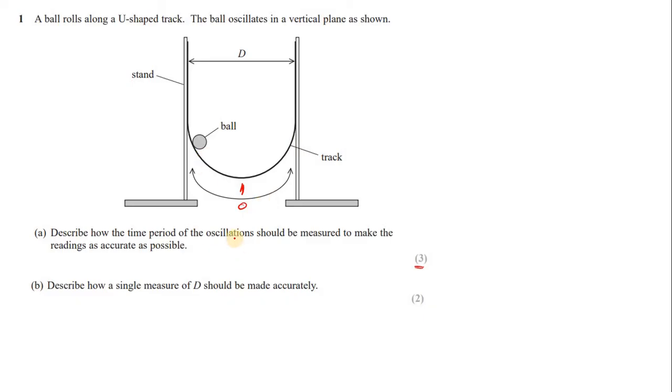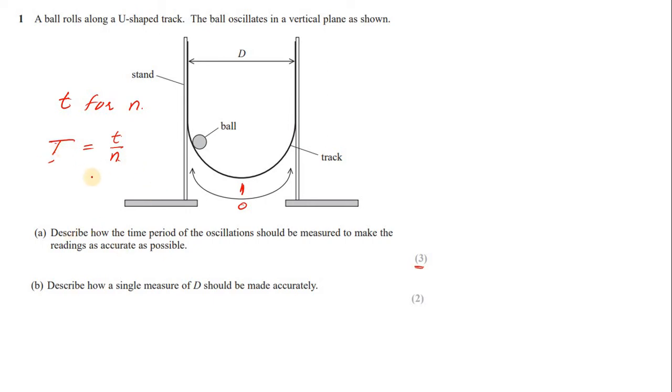Generally we take 10 or 20. So we measure the time t for n oscillations. And then in order to find the time period, we need to divide the measured time by the number of oscillations, so we can have the time period.